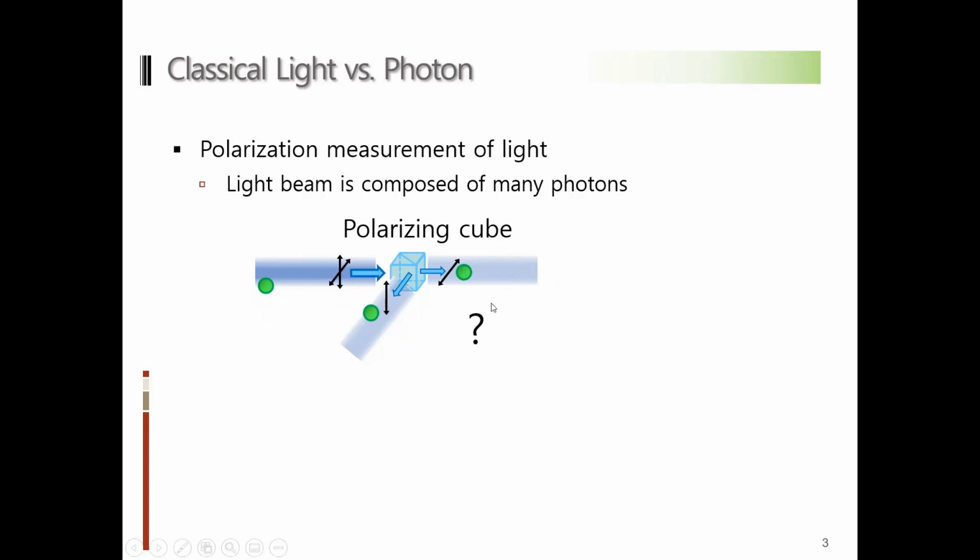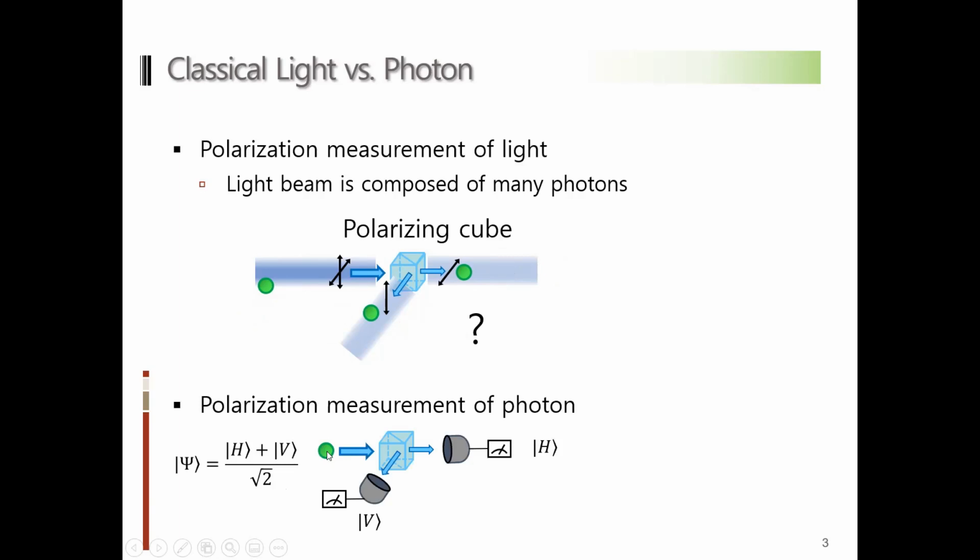So considering such a situation, if we started with this diagonal polarization, the only option is that this photon can either be transmitted or reflected. In this case, I will define this one as a zero state and this one as a one state. So when it is transmitted, we obtain the measurement value of zero. And if this photon is reflected, then our measured value is one.